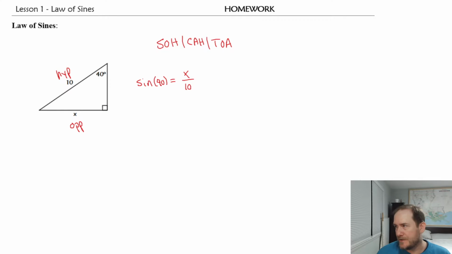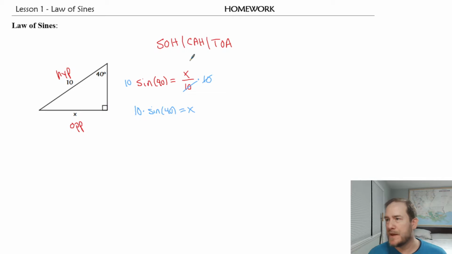And now the algebra to solve is really simple. You just multiply both sides by 10. Those 10s cancel, and you'll find that 10 times the sine of 40 would give you side x. I'm not even going to do that out. 10 sine 40 is a perfectly valid answer. Anyone who wants to hit the buttons can.